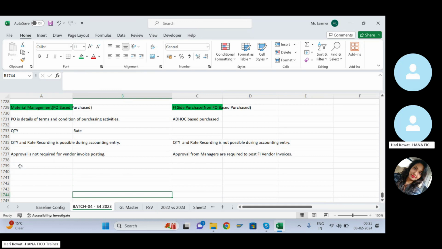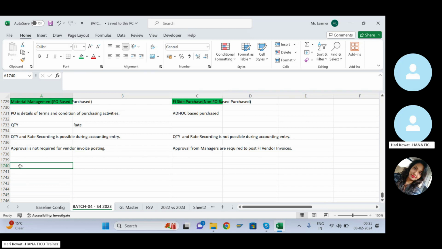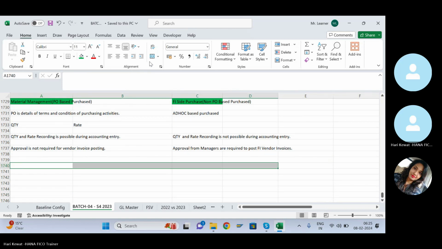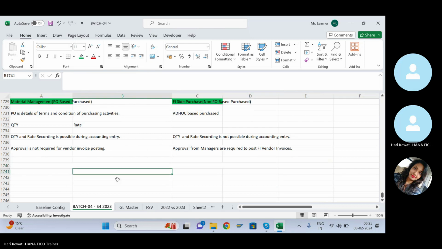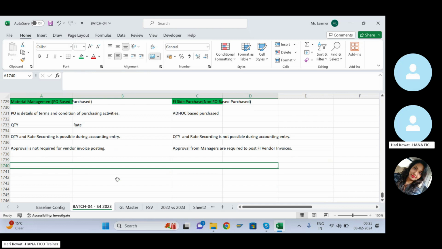next important thing. See, these are the purchases directly in SAP. Sometimes what happens, the purchase happens in a third party tool, but the accounting entry only gets posted in SAP.